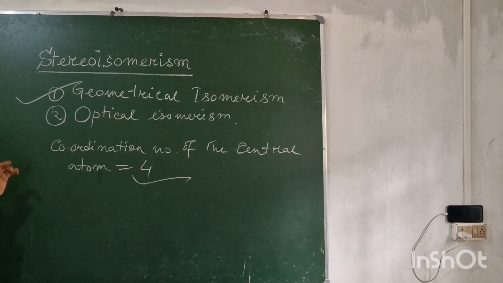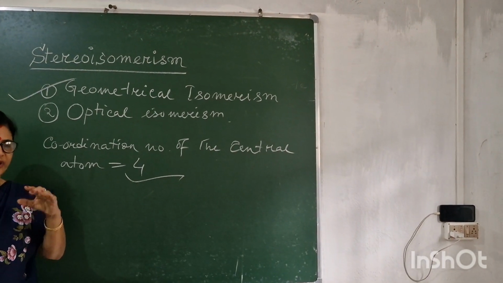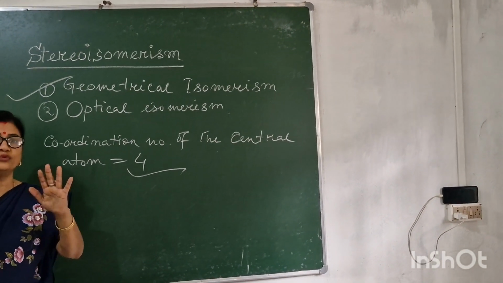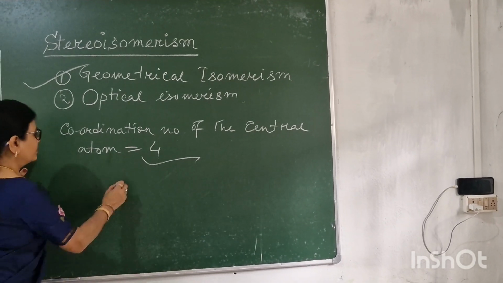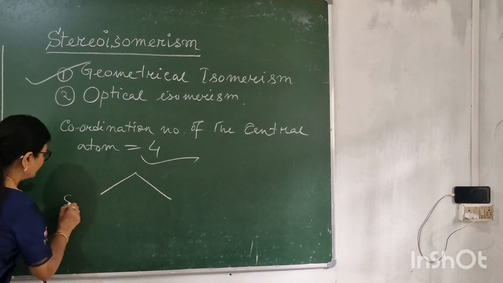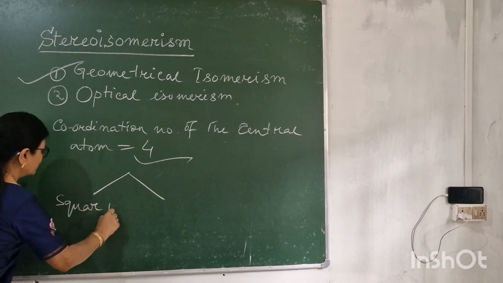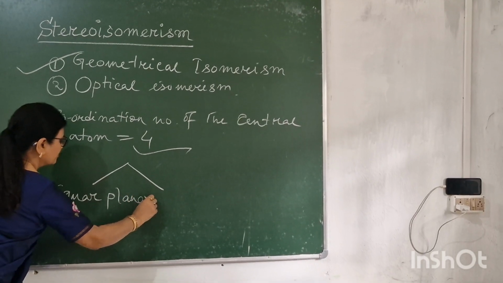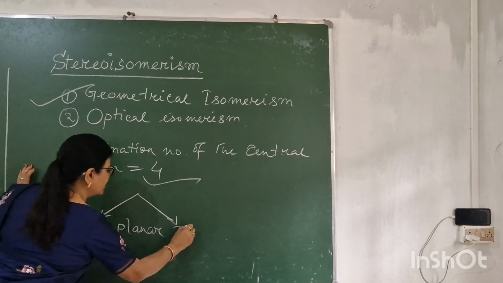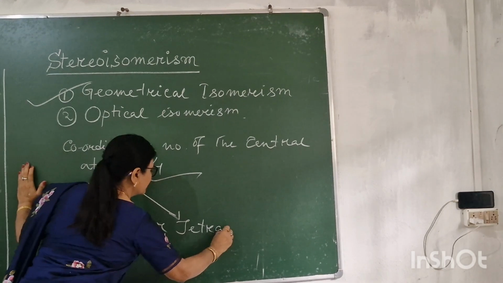When the coordination number of the central atom in a complex is 4, we get two types of complex. One is square planar, another is tetrahedral.